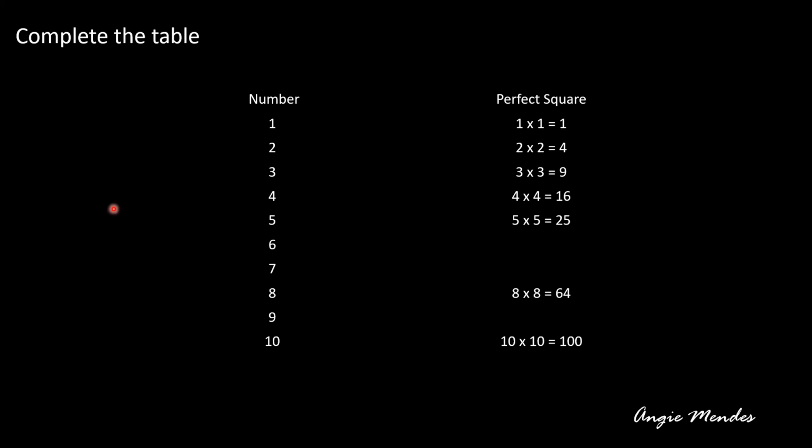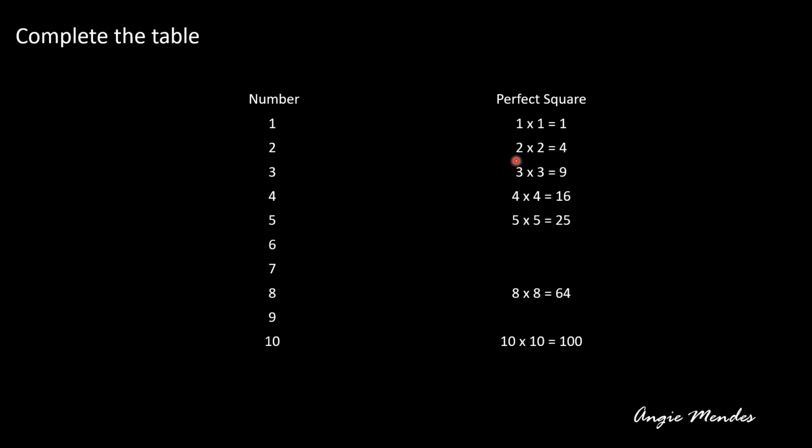Let us look at this table now. The number 1 has a perfect square 1, which means when you multiply 1 by itself twice, you will get the perfect square 1. The perfect square of 2 is 4. So what have you done here?